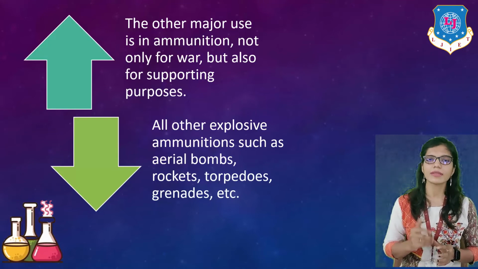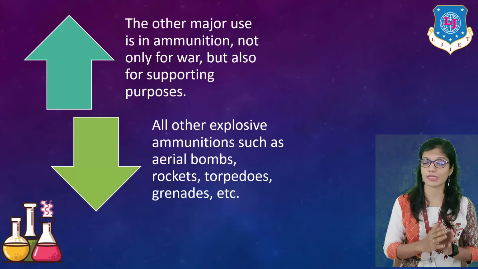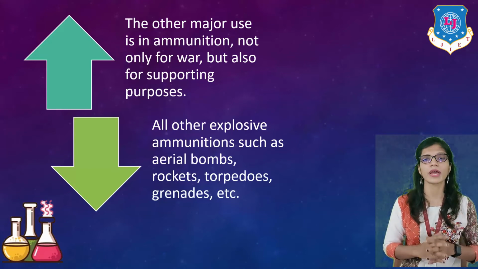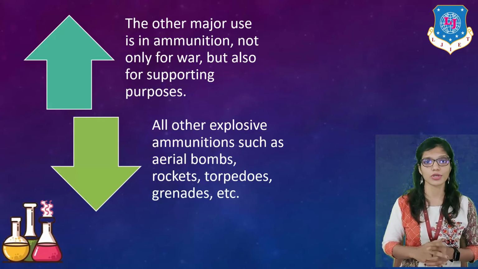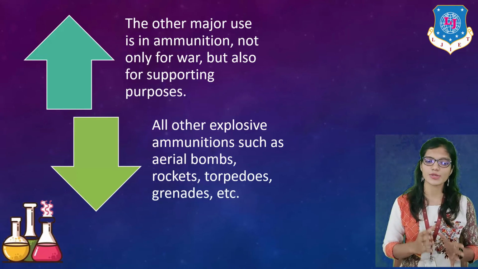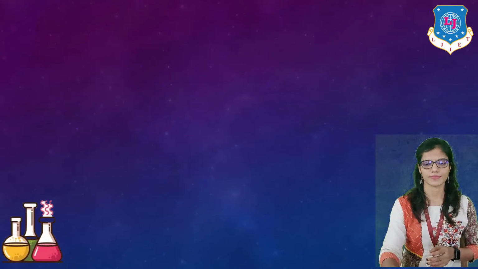Projecting a projectile to place a satellite at a particular position also requires a certain type of explosive and propellants, right? So we can use them for supporting purposes to protect our country, not only for war but just for protection also. So you can use them in rockets, in aerial bombs, in torpedoes, as well as in grenades.